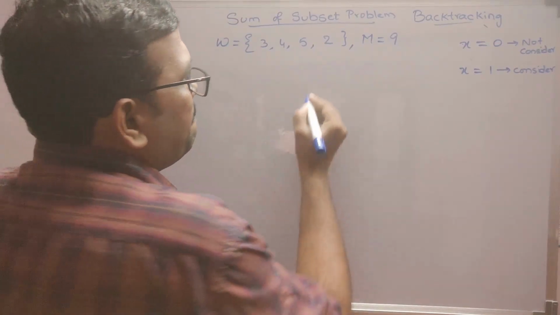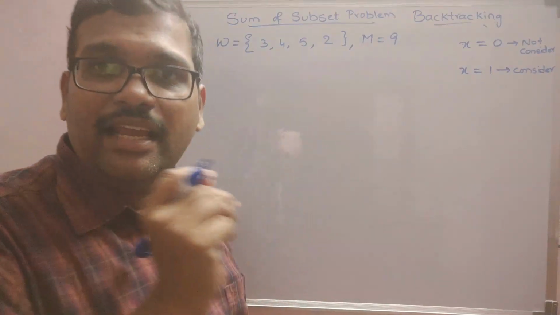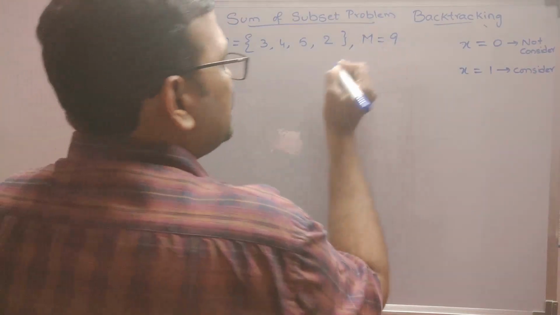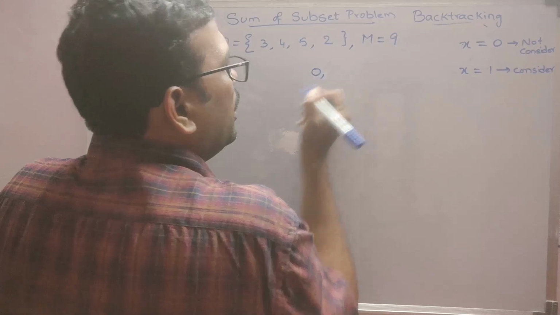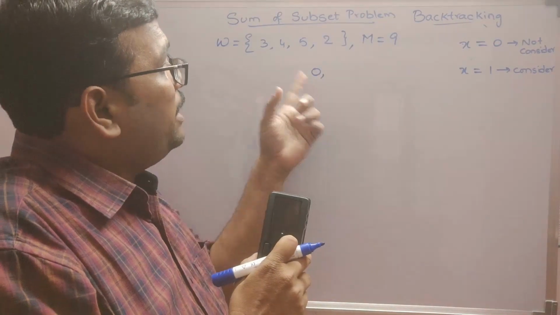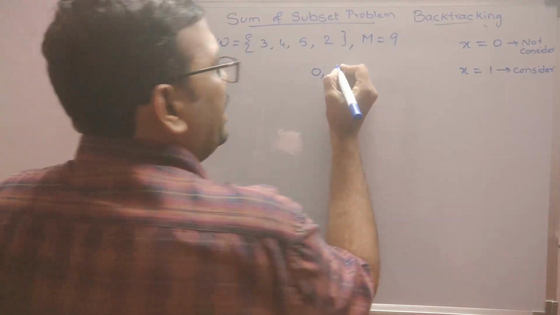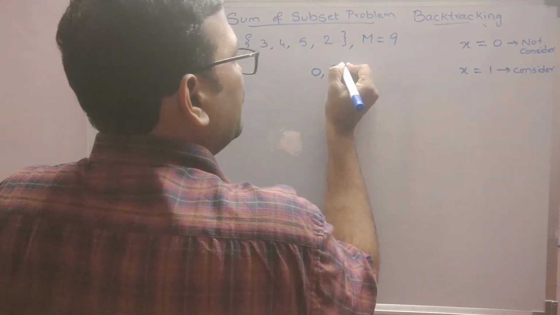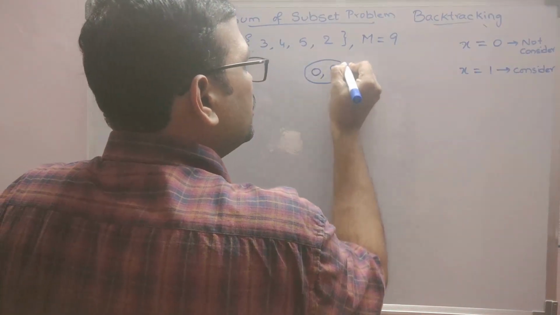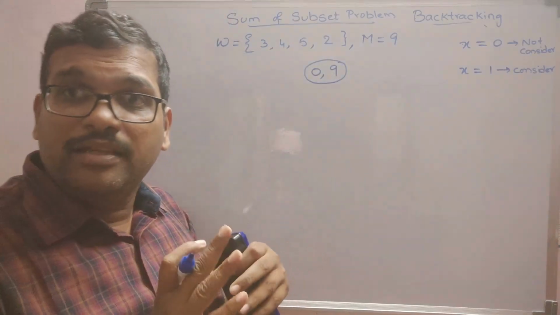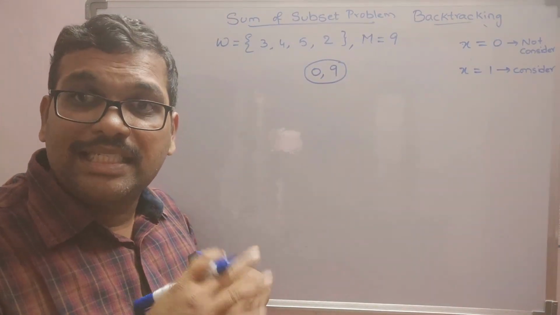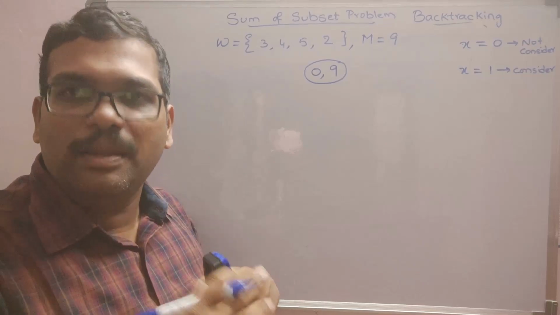See, first let us take the sum as 0, a subset with 0 elements, and the weight is 9. Sum is 9. So this is the root, that means a subset with 0 elements.